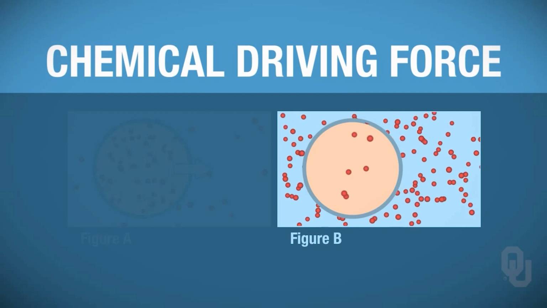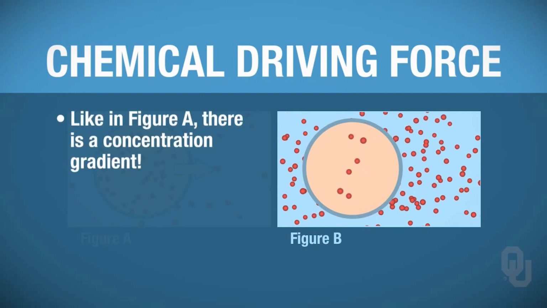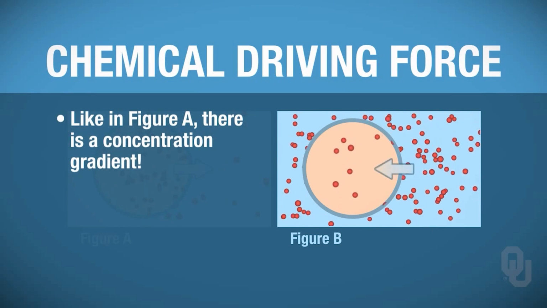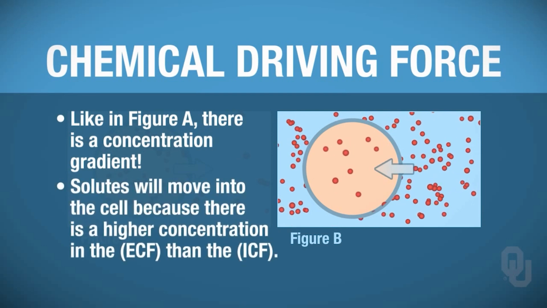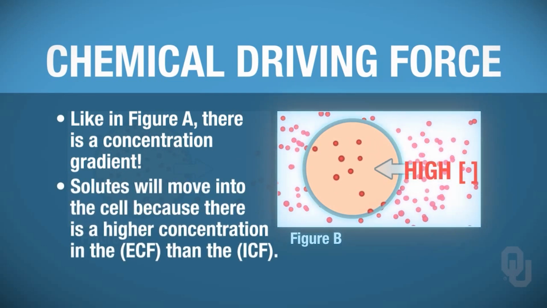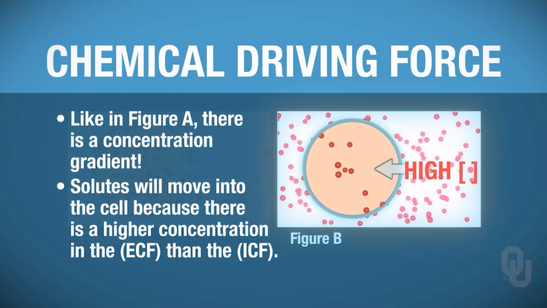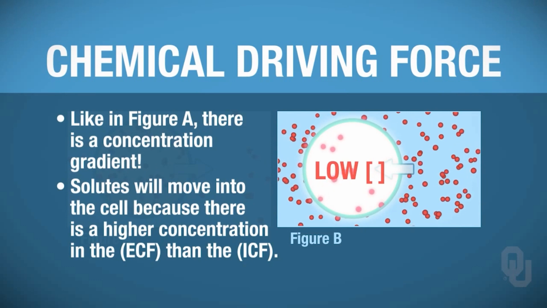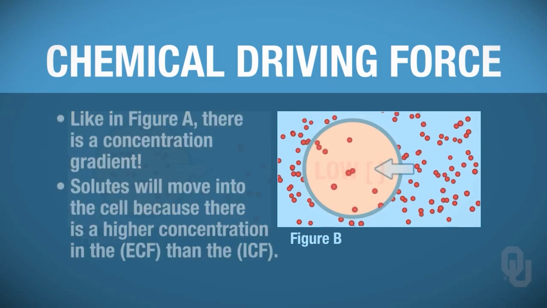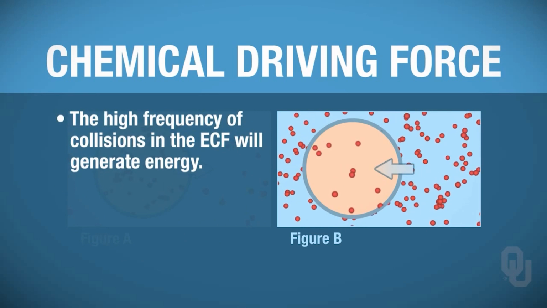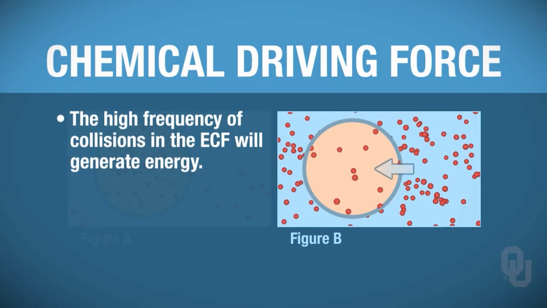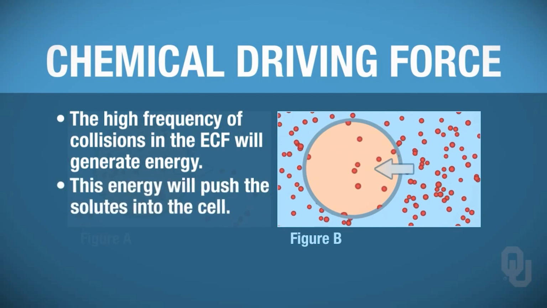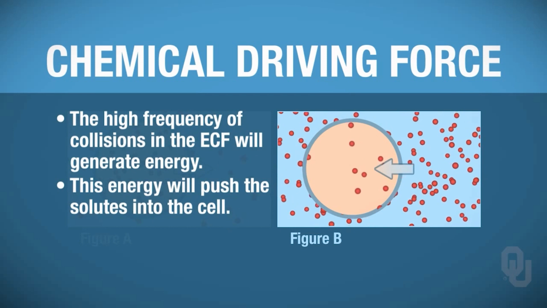Again, the same illustration, but there's a higher concentration of solutes outside of the cell, meaning lower concentration inside the cell. Since more energy is being produced at the ECF, we can now predict the movement. It will be from higher concentration to lower concentration, so from the ECF to the ICF. So this is the chemical driving force. To emphasize again, it should be from higher concentration to lower concentration.